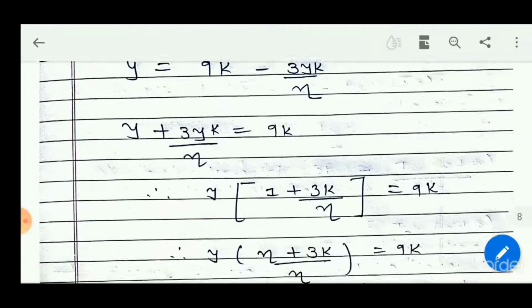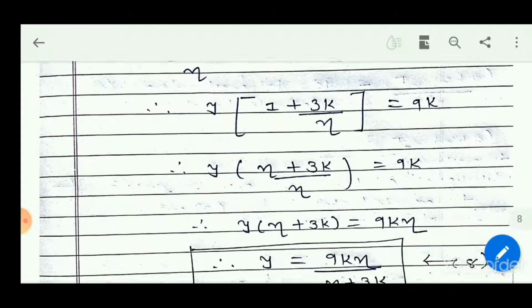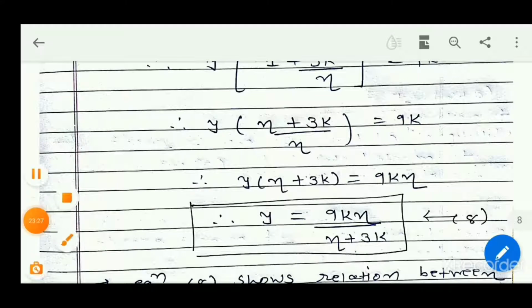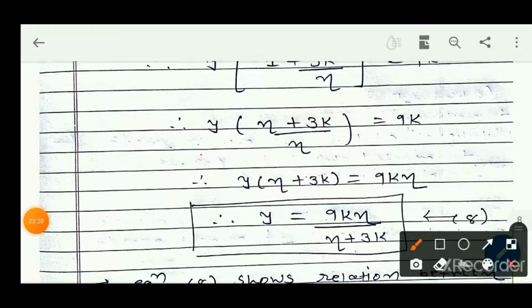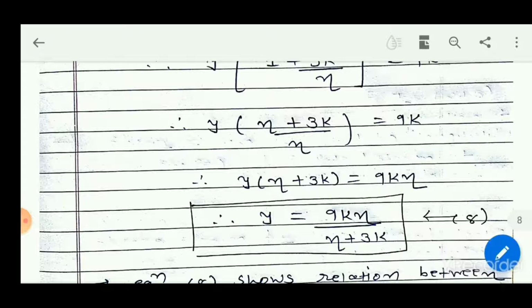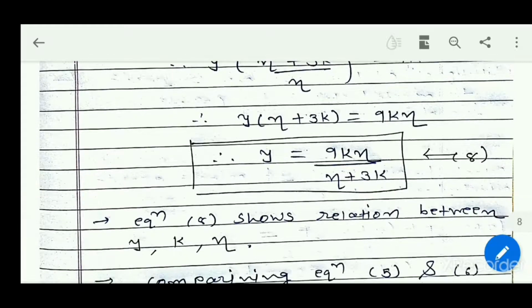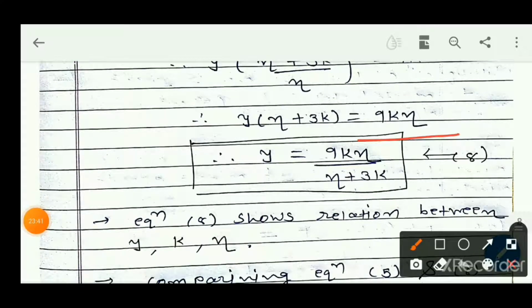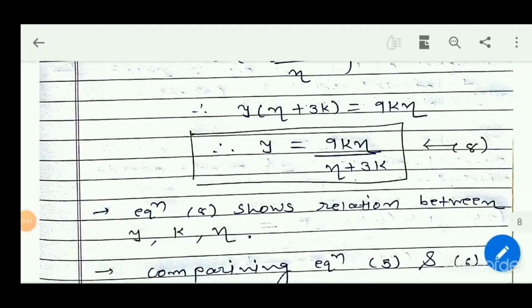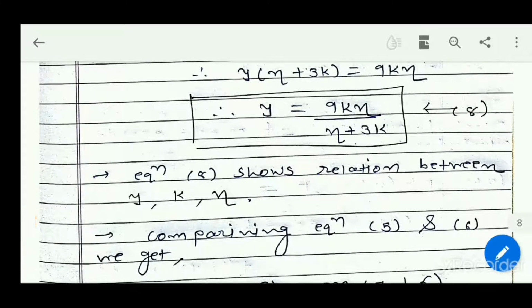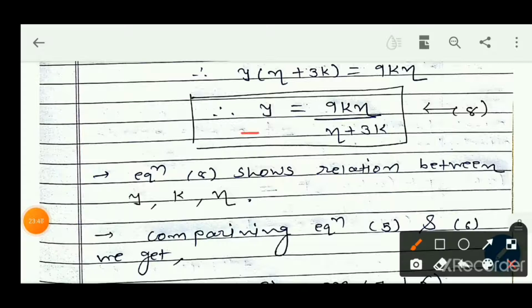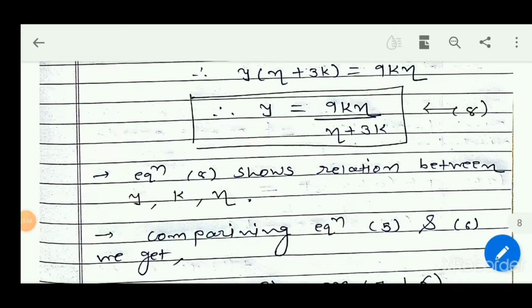So Y eta plus 3k, so it becomes 9k eta. Okay, and Y is equal to 9k eta upon eta plus 3k, so it shows the relation between Y, k and eta.